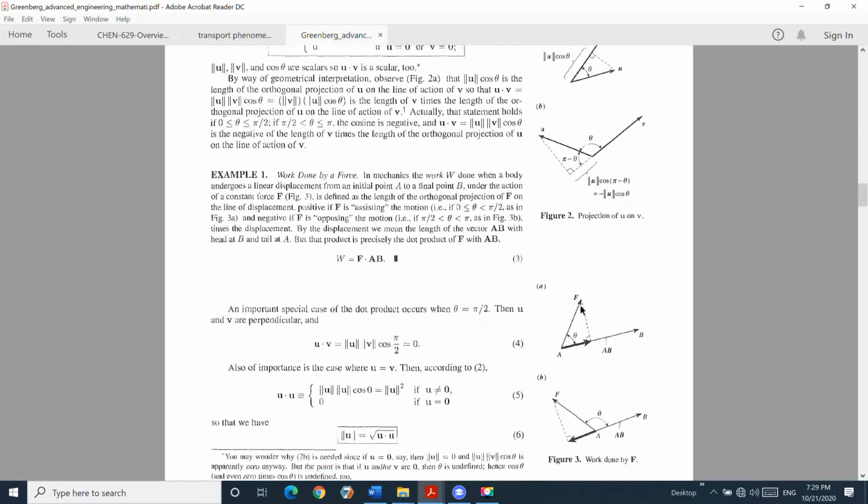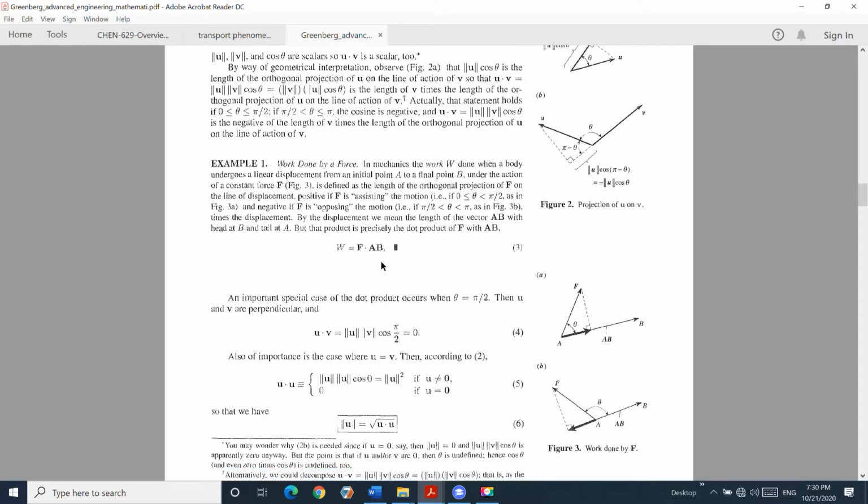You see the projection of the force acting on the body is represented by this arrow, assisting, because this F is the force taking the body from point A to point B.